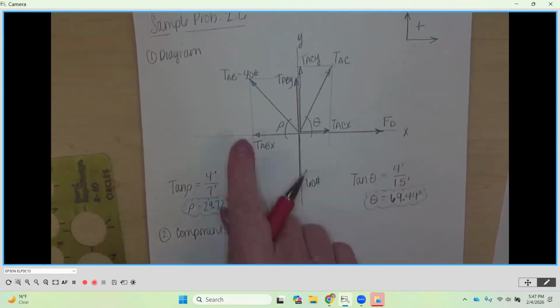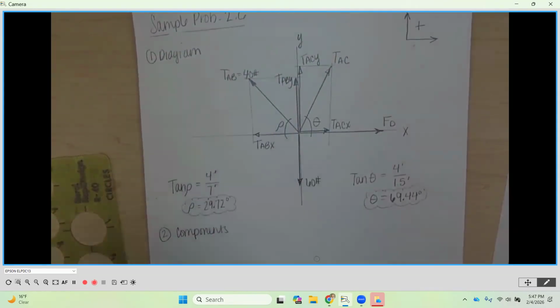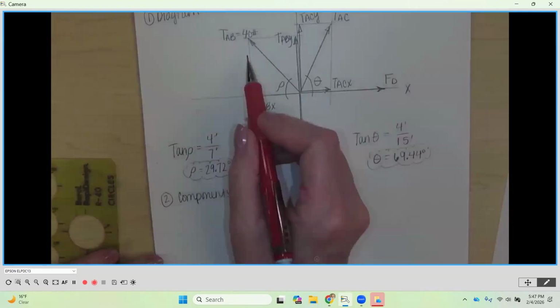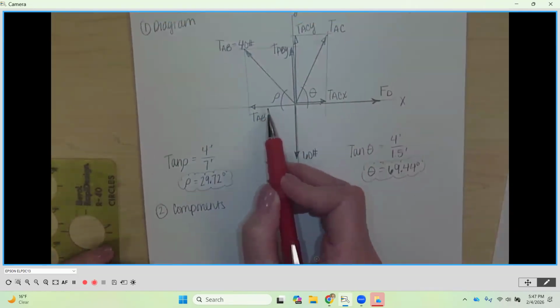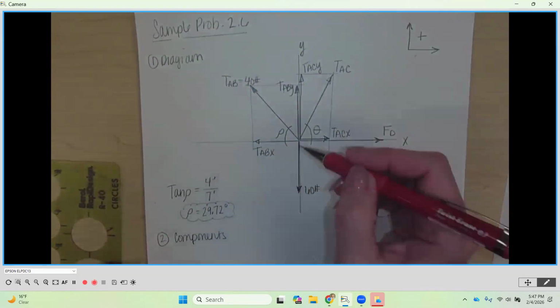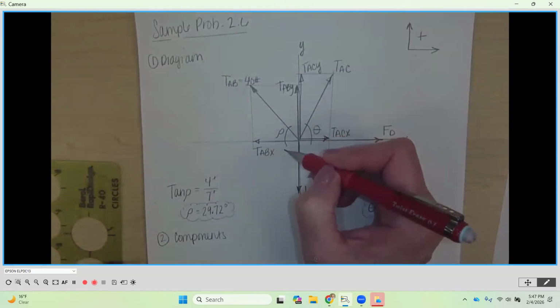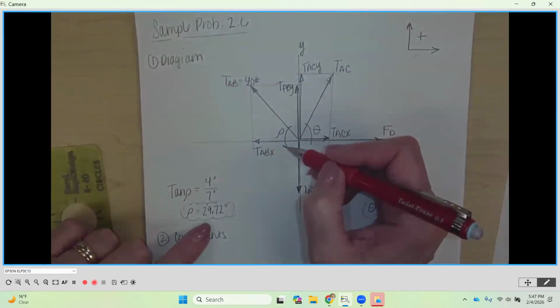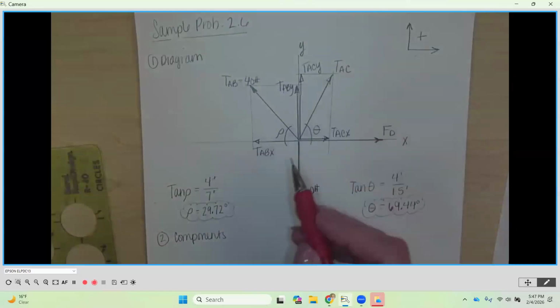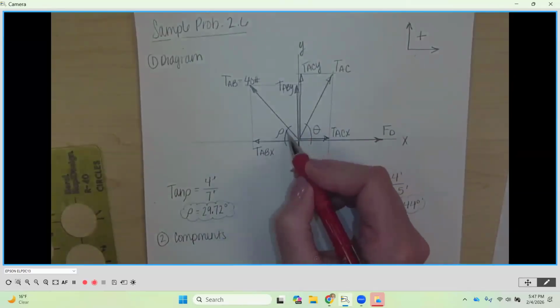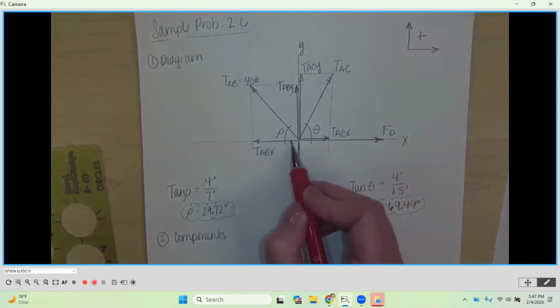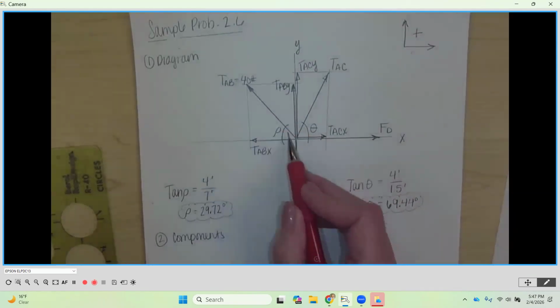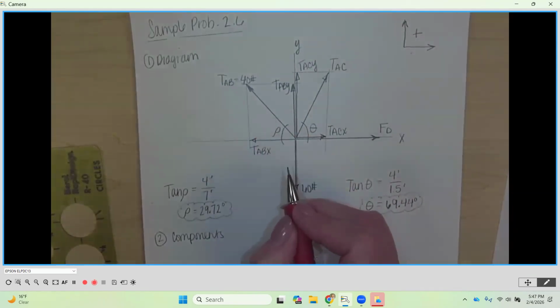So I'm going to start with TAB. All right. So the X component of TAB, which is right here, if we use the angle that we have, phi, which is 29.72 degrees, okay? So if we look at that angle, that is going to be the cosine of that angle when we use the hypotenuse of 40 pounds.